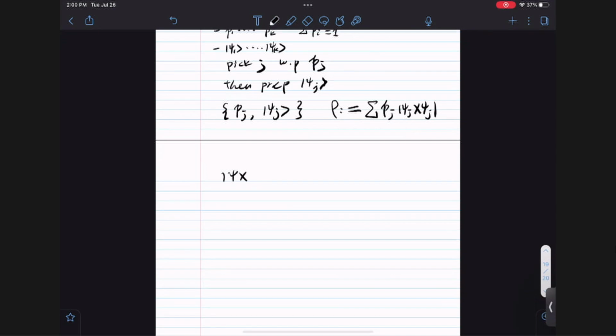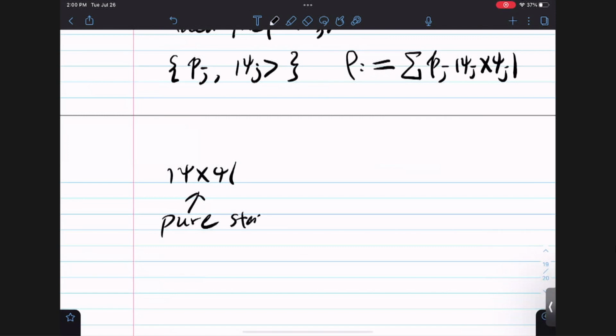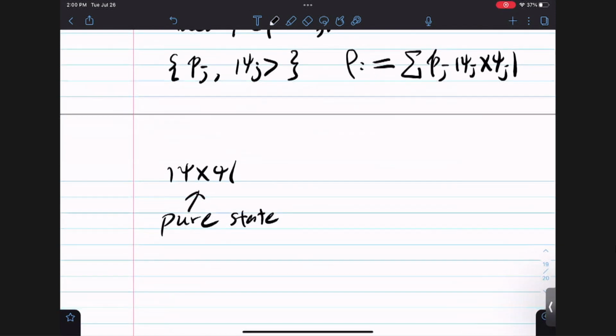If we can write it as the outer product of a single component, then we call this a pure state. In contrast, in the other example, we have this weighted average, which really is a probability mixture. So we call this a mixed state.